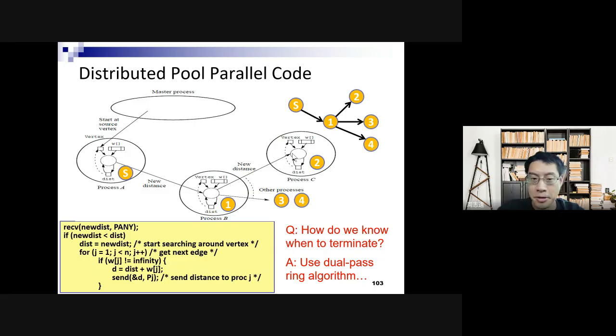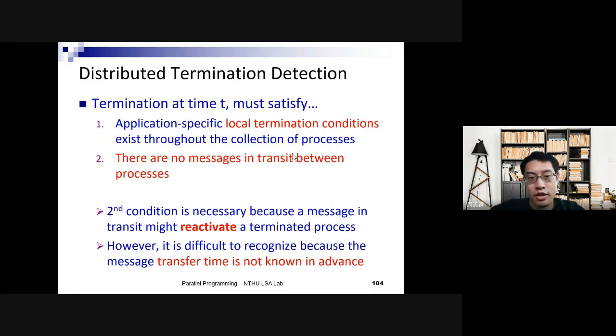So for a parallel program, not only does the local pool need to be empty, you also need to ensure there are no more messages, especially for a program where a computing task can be generated by messages. Of course, if in your application a message cannot generate a new task, then it may become easier.